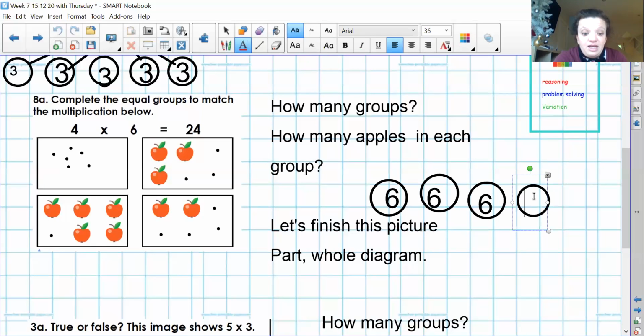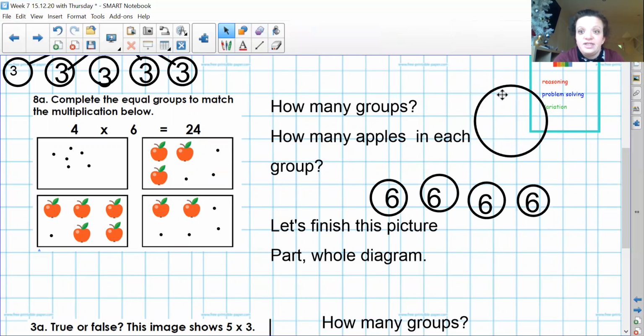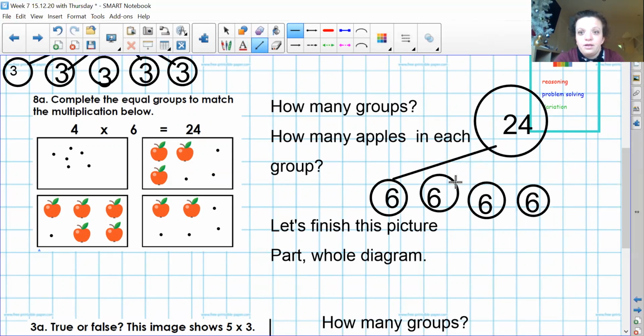And then our total, our whole number, is going to be 24. Link these up like so to make our 24. 6, 24. That's what it should have looked like. Well done if you got it right.